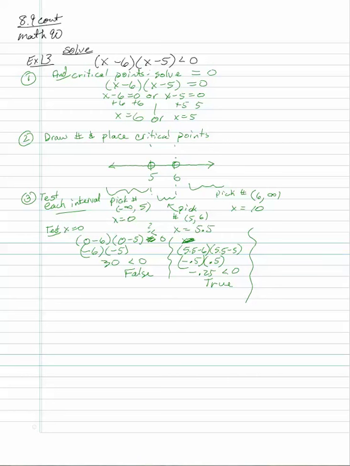And then we test the last interval, 10 minus 6 times 10 minus 5, which gives me 4 times 5, which is 20. Is 20 less than 0? That's false. And then you just include the true intervals. So the true intervals are the solution. So you just have to pick one point inside each interval.